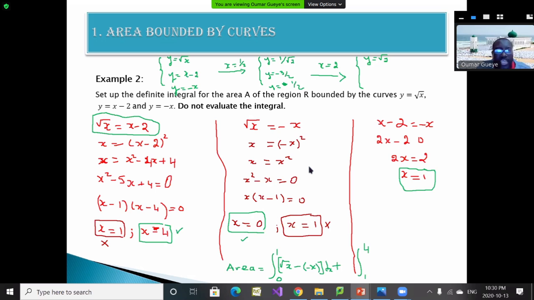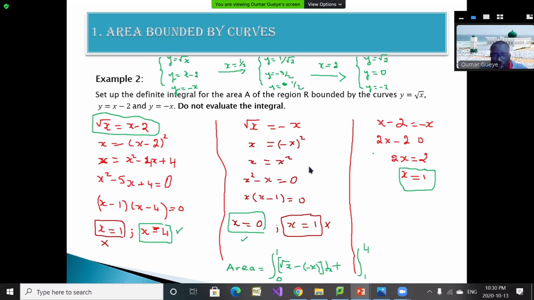And you substitute in the second equation, you get 0. And in the third equation, you get y equal to negative 2. Again, which one is the greater function?